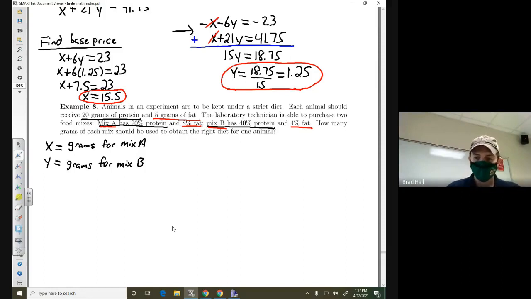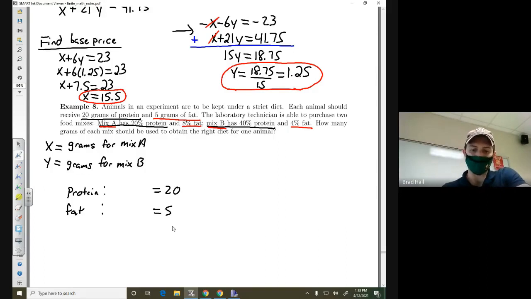So for mix A, well, for both of these, the protein is going to get its own equation, and the fat is going to get its own equation. And we know that the total number of protein is 20, the total number of fat is 5, because they say each animal should receive 20 grams of protein, 5 grams of fat. So that's why I have 20 and 5. Now mix A has 20% protein.